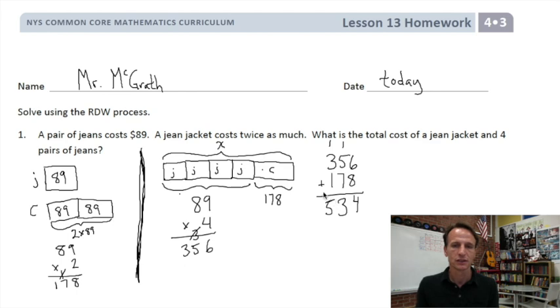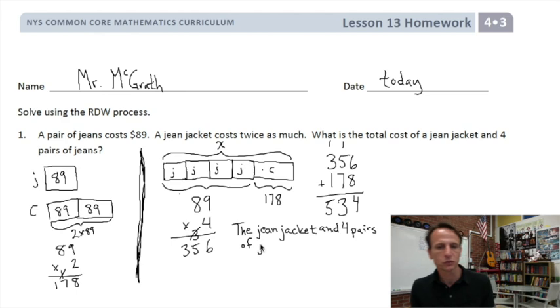So we'll write our statement now: read, draw, write. The jean jacket and 4 pairs of jeans.